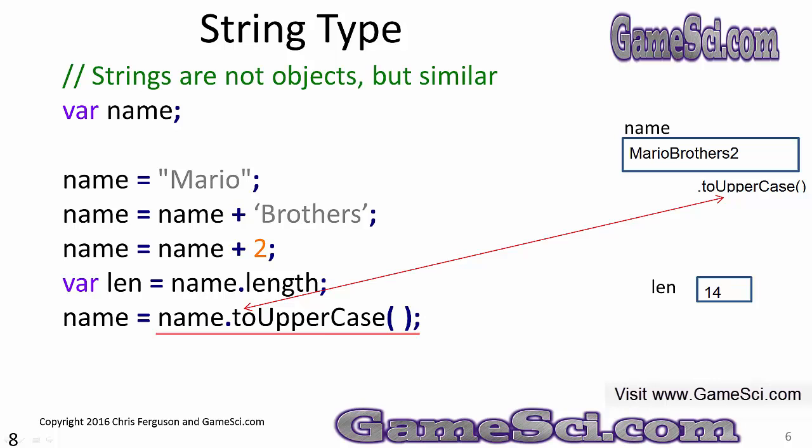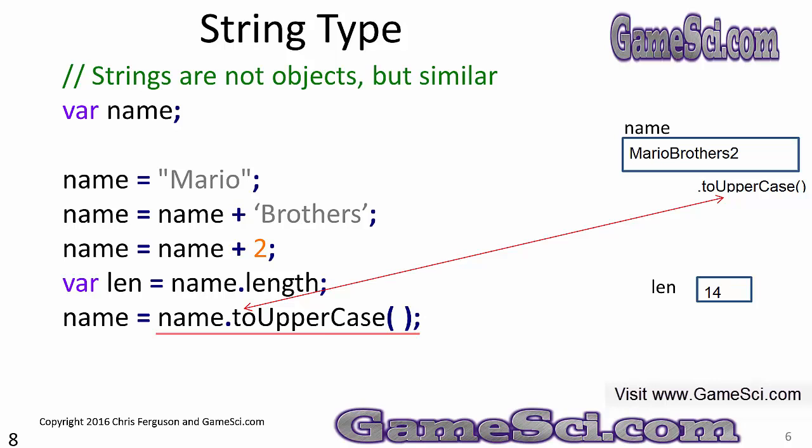Now this really looks like an object to me. I'm going to go to the name variable and run a function. I'm going to run toUpperCase. I'm going to ask the name variable to convert all its characters to uppercase characters. Every character is going to be uppercase, not just the M and the B in Mario Brothers. Boy, that looks like I'm using an object, but they tell me JavaScript strings aren't objects.